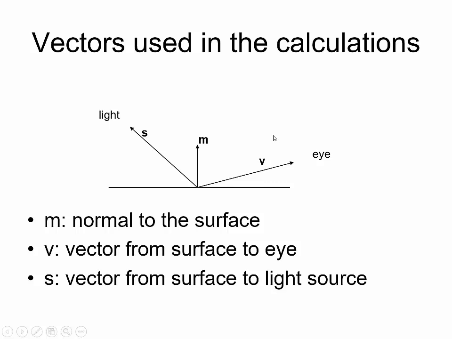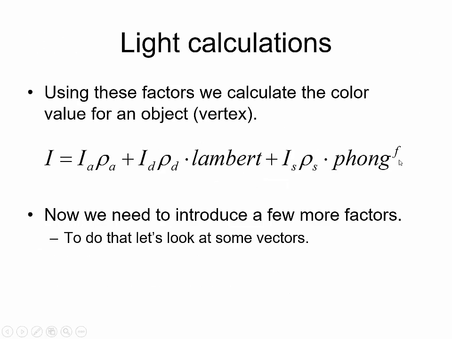But as soon as the angle just gets a little bit bigger, we get something that's a little bit lower than 1, and when we put that to the power of 30, we're really diminishing that. So we get full intensity right where the reflection is the brightest, but then it drops off very quickly. So the higher the number f, the faster the intensity drops off in the specularity.